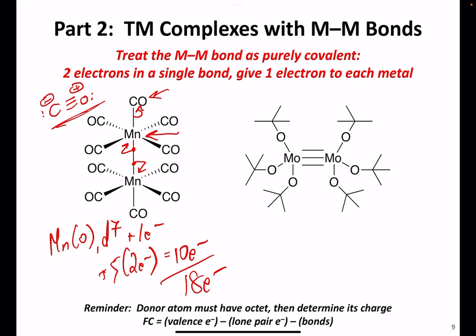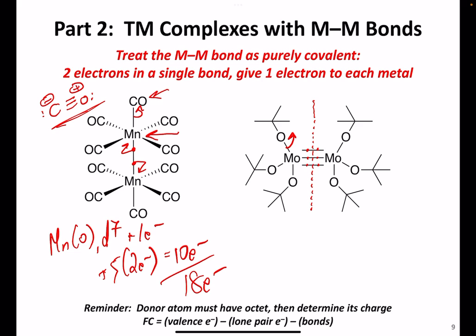All right, what about the molybdenum compound on the right? Well, this features a molybdenum-molybdenum triple bond, and a triple bond then has 6 electrons associated with it. So if we stitch a double dotted line down here and split the compound in half, the triple bond now will contribute 3 electrons to each molybdenum center. But let's now figure out how we're going to assign the oxidation state to molybdenum.